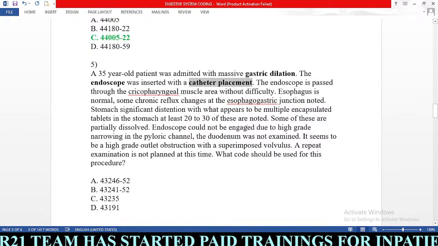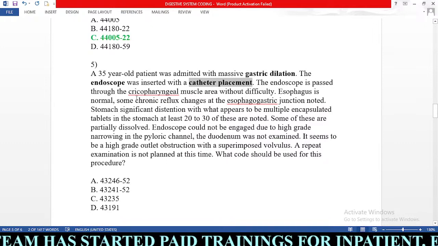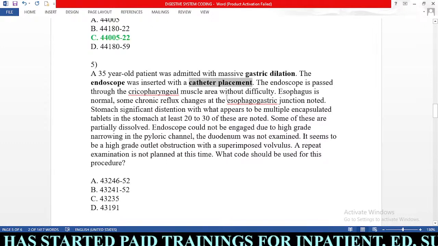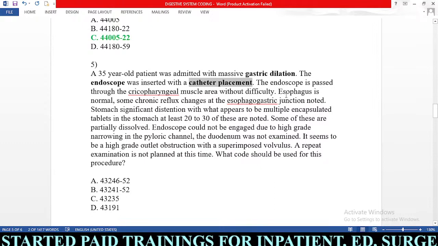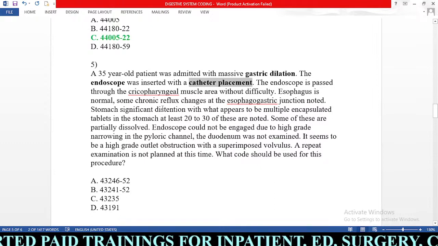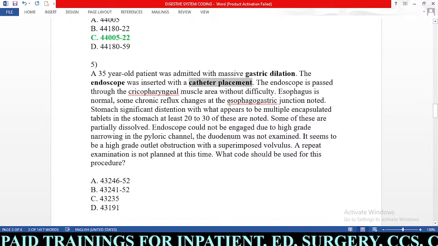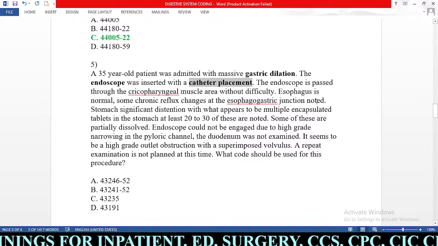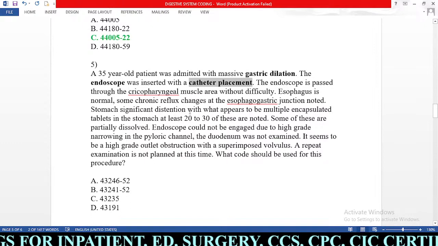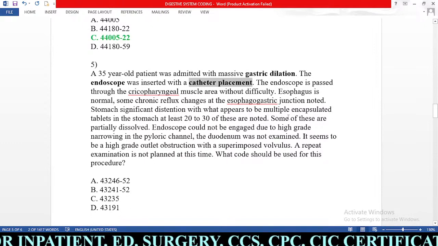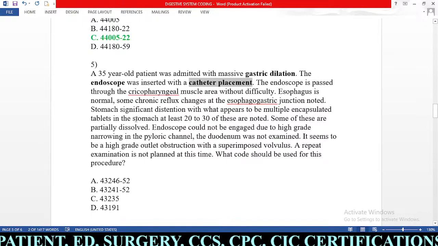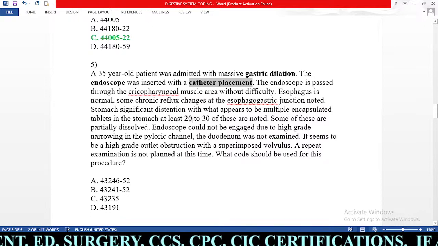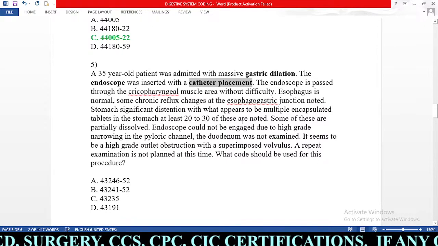The endoscope is passed through the cricopharyngeal muscle area without difficulty. Esophagus is normal. Some chronic reflux changes at the esophagogastric junction noted. Stomach: significant distension with what appears to be multiple encapsulated tablets in the stomach. At least 20 to 30 of these are noted.